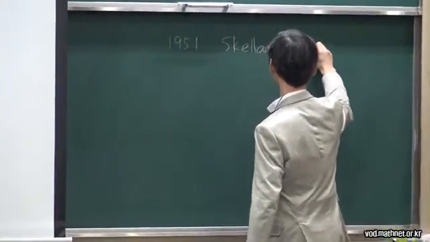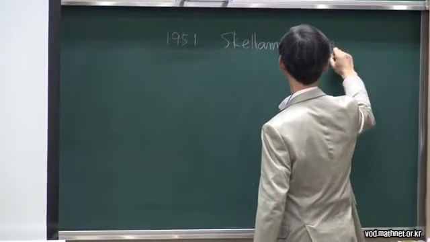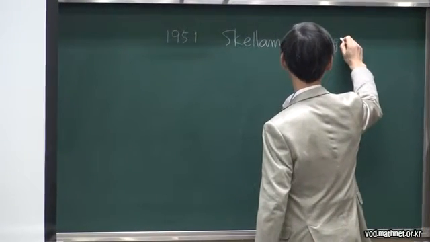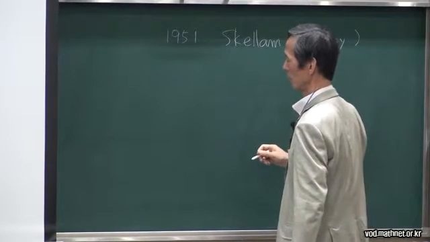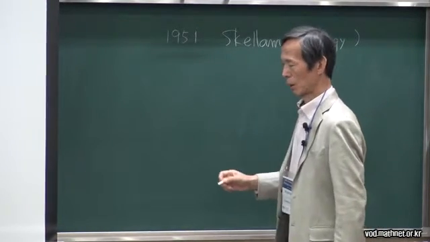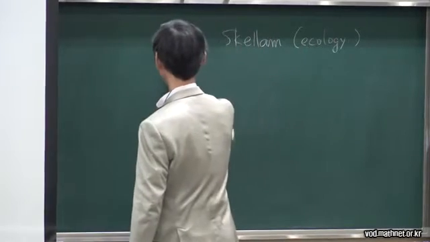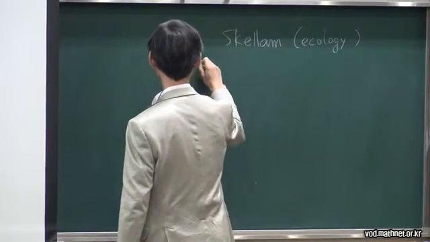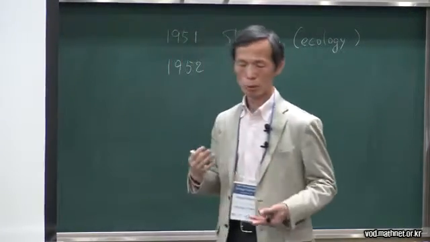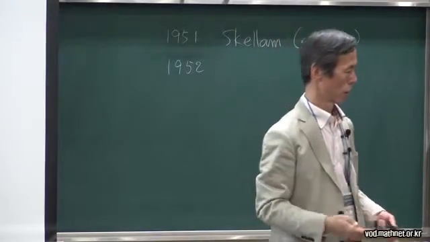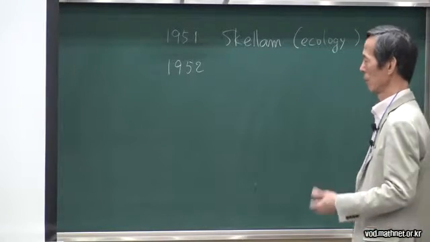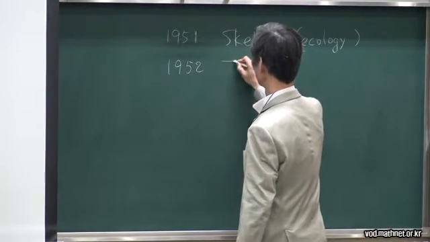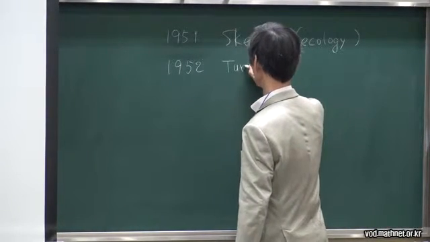So ecological study using reaction-diffusion equations. But in 1952, two other important papers were published by other people related to reaction-diffusion systems. One is by Alan Turing.